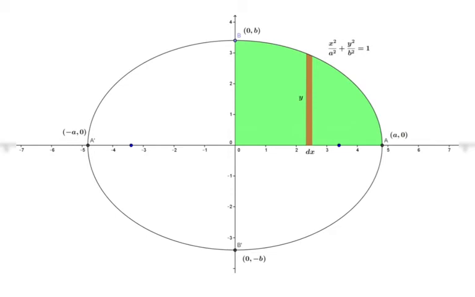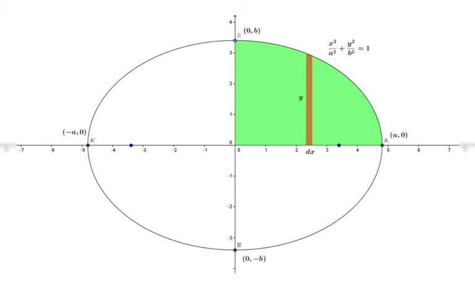Now, using definite integrals, we can easily find the area of this region which is colored in green, because we know the area of that first rectangular strip, and also we know the limits. In this case, we are doing it with respect to the x-axis.